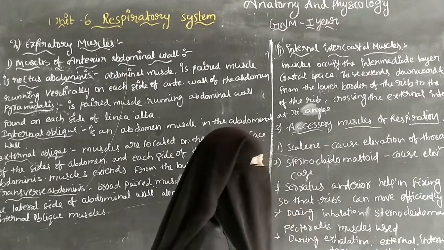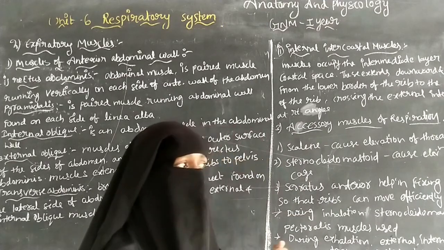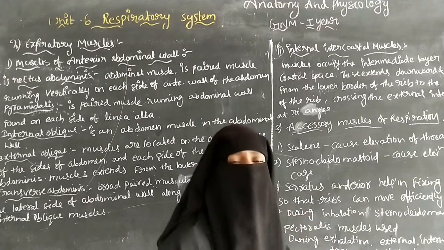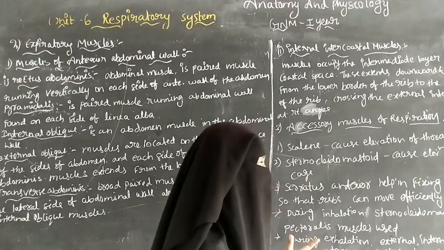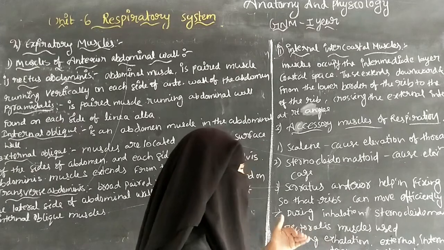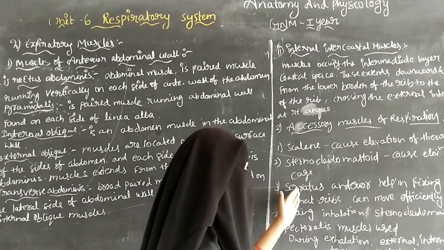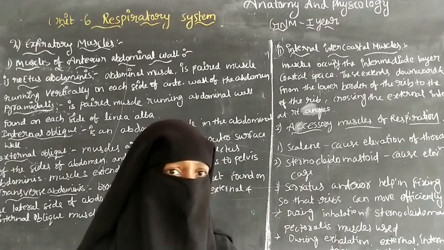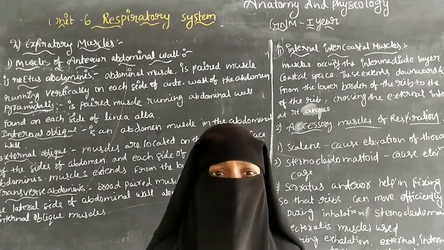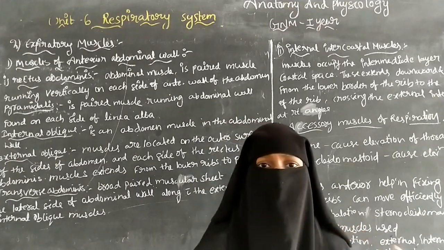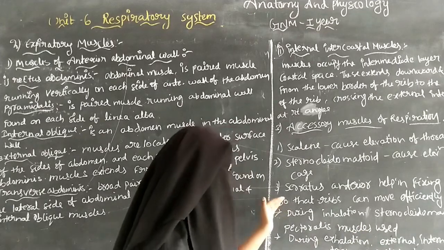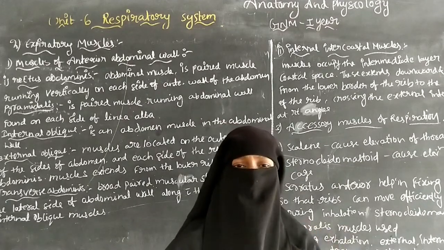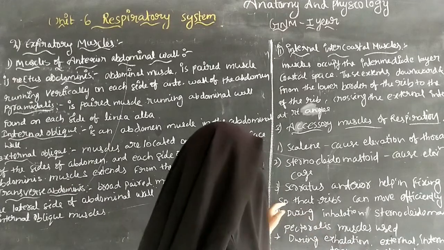Because of this fixing of the thoracic cage, the ribs can move efficiently. If the thoracic cage does not become fixed, the thoracic cage also moves. So the serratus anterior muscles help in fixing the thoracic cage, so that the ribs can be moved efficiently.